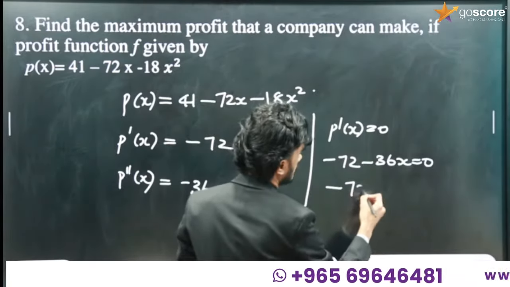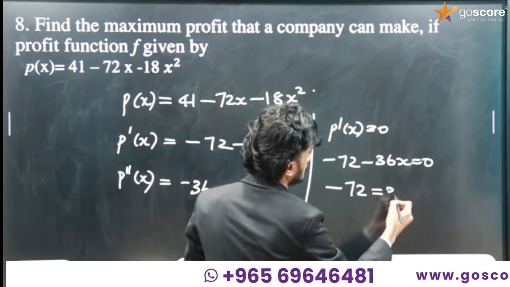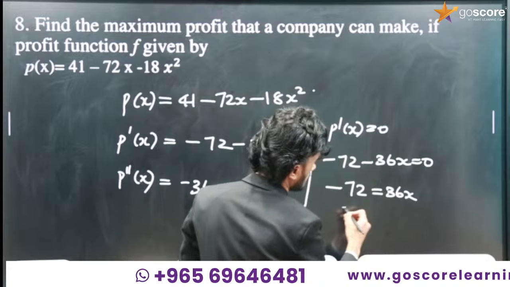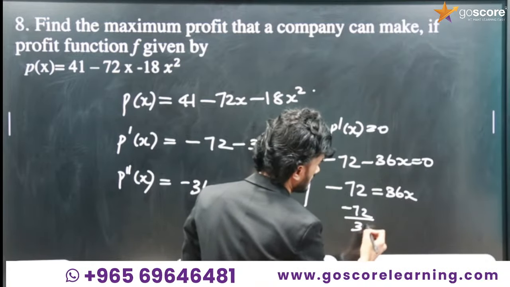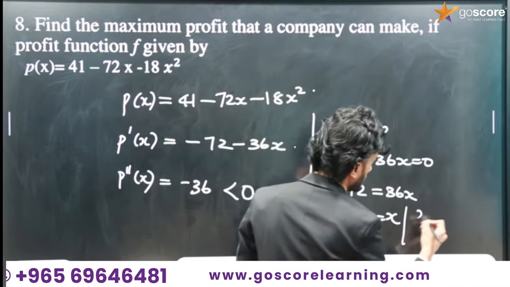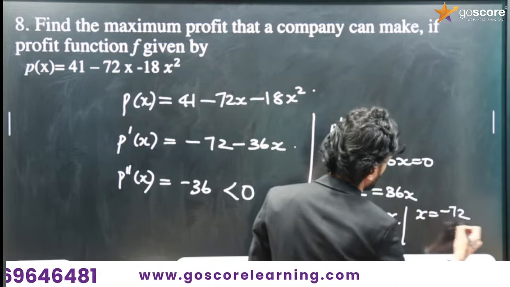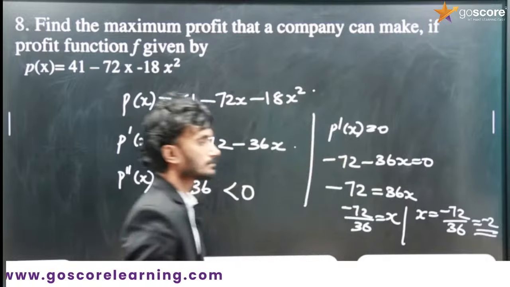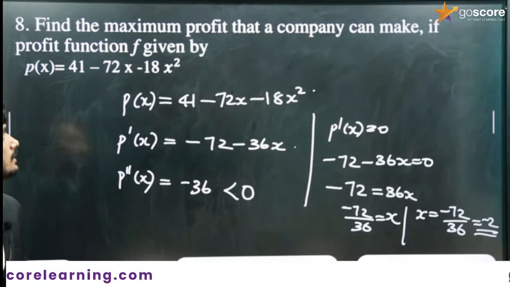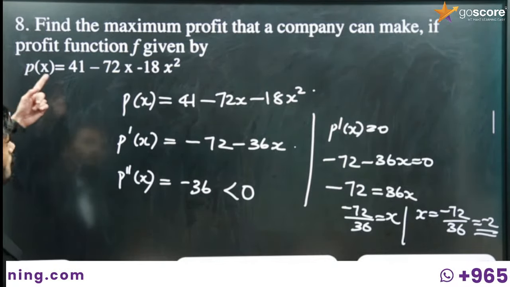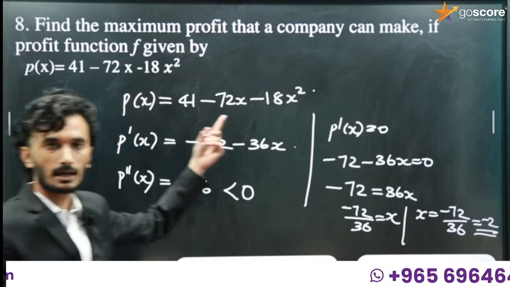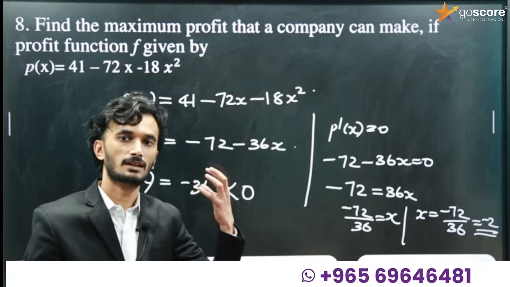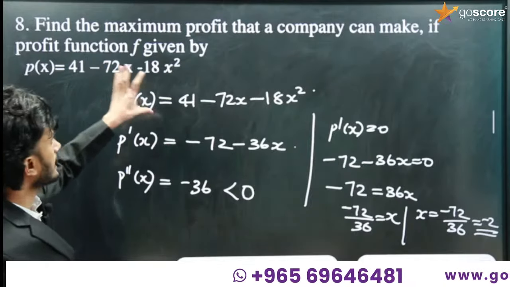So minus 72 minus 36x is equal to 0. Minus 72 is equal to 36x. So x is equal to minus 72 divided by 36, which is minus 2.